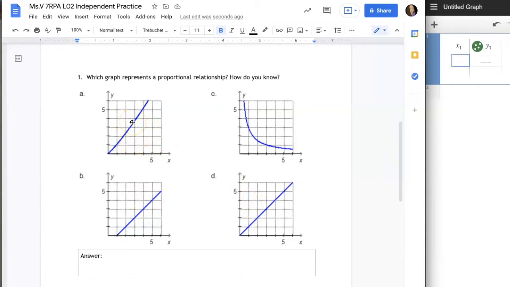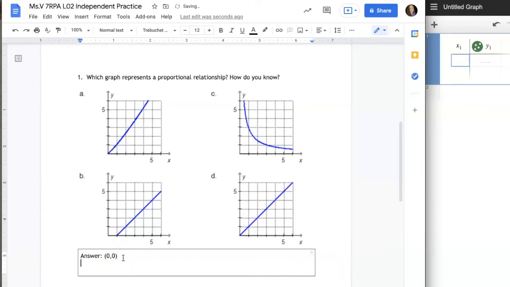Finally, we want to know, is it going through the origin? Remember, on a graph, we have the x-axis and a y-axis, and where they cross is called the origin. And the origin has coordinates 0, 0. Whenever you're writing coordinates, you always put the x coordinate, comma, y coordinate, and then they need to be surrounded by parentheses.